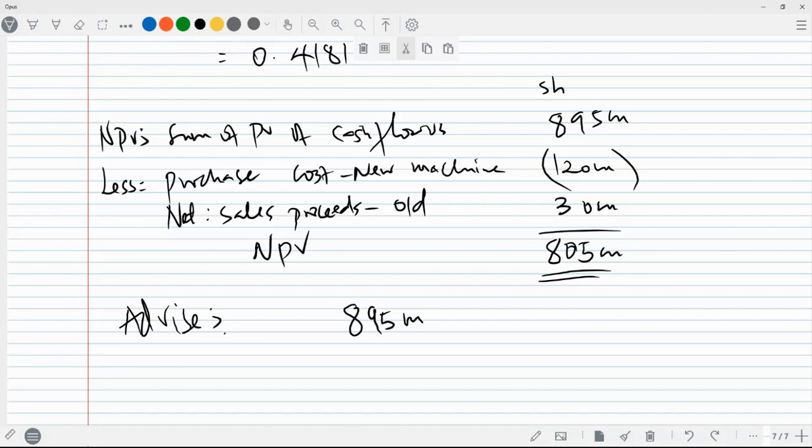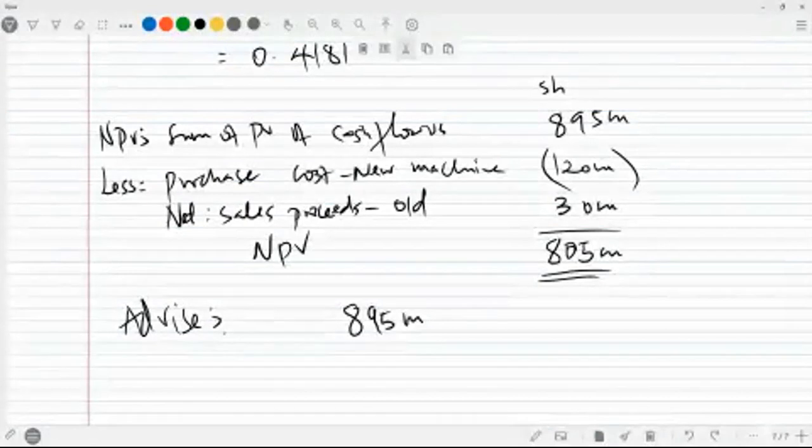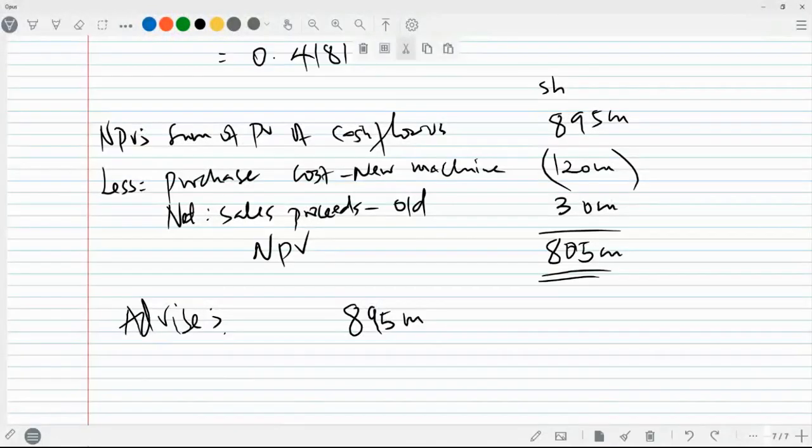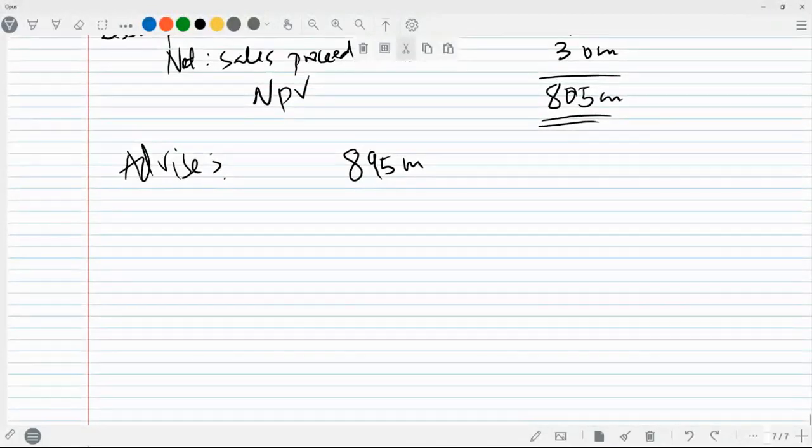Correct. Therefore, we get an NPV of 805 million. Since it's positive, the company should replace the old machine with a new one.